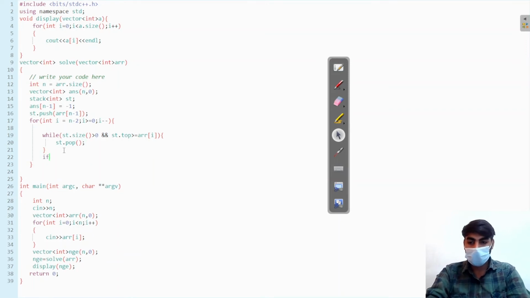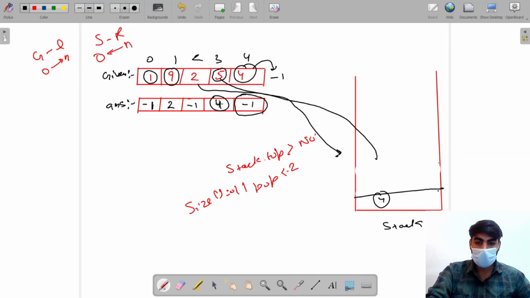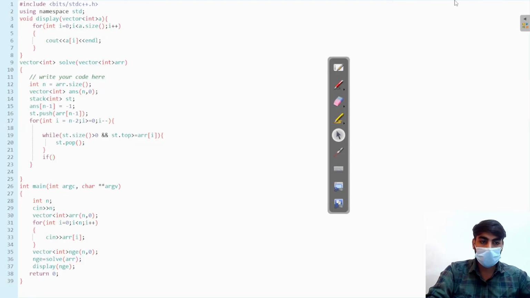and if we have, like, 4 in our stack and we don't have 5, then for 5 we are adding this in our array. Let's say for 4, we are checking if the size is 0, we are adding -1. So firstly we are doing this condition.